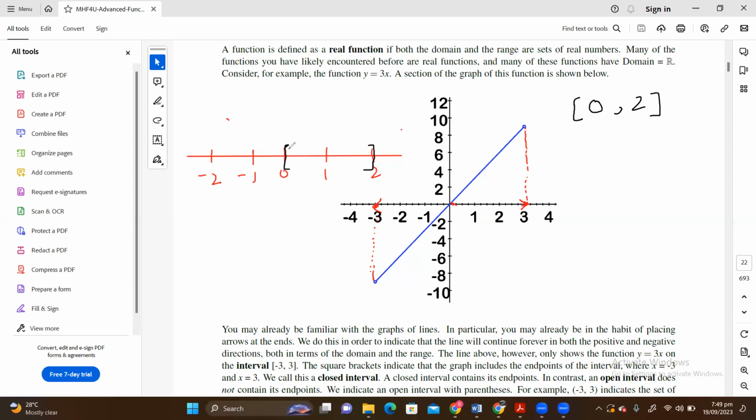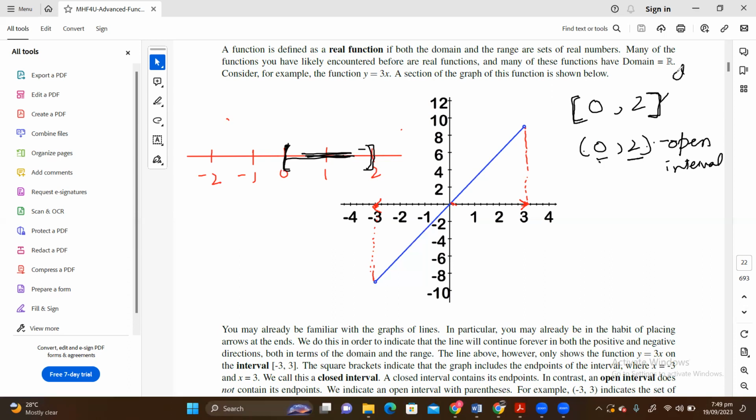But if my line does not include 0 and 2, but includes all the numbers between them, I will write 0, 2 with round brackets. Round bracket means the end numbers are not included. 0 and 2 are not included, but all the numbers between 0 and 2 are included. The square bracket means that 0 and 2 are also included, and the numbers between 0 and 2 are also included.